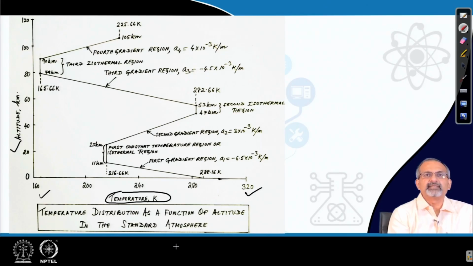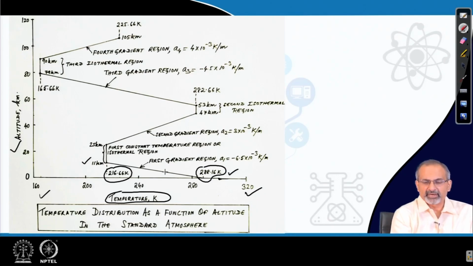So, you have a zigzag pattern of the temperature through the height of 100 kilometers. If you imagine that the temperature on the Earth's surface is about 288.16 Kelvin, then with gain of altitude, when you reach 11 kilometers, the temperature reduces to 216.66 Kelvin.